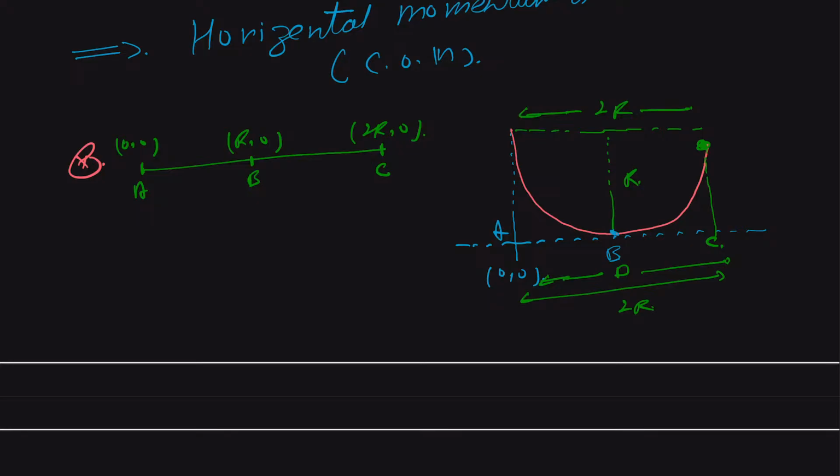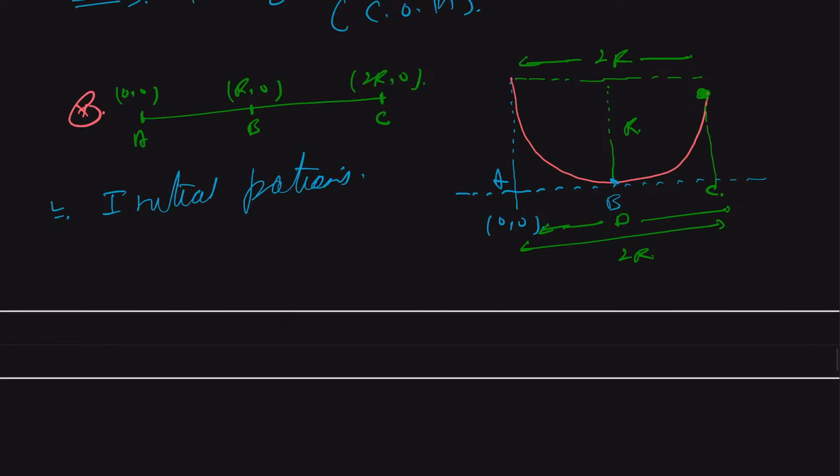Therefore we can say that initial positions, and at the initial position, the center of the bowl, let us call this our x, will be 0, and that will be equal to exactly at the center, that is our r.